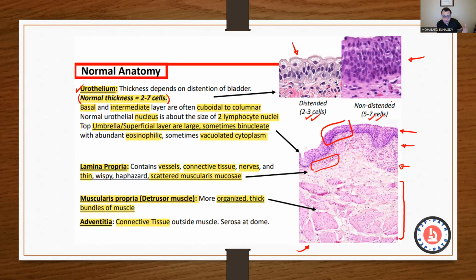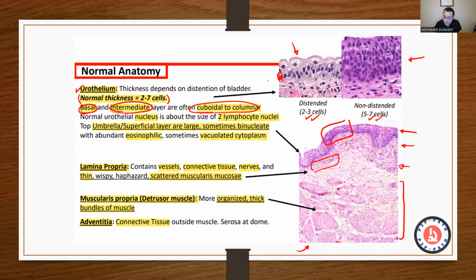So we're talking about the transitional epithelium. We have three types of cells: the basal layer and then the intermediate layer, which are often cuboidal to columnar, and then there is a surface layer of umbrella cells. You see here this basal layer.